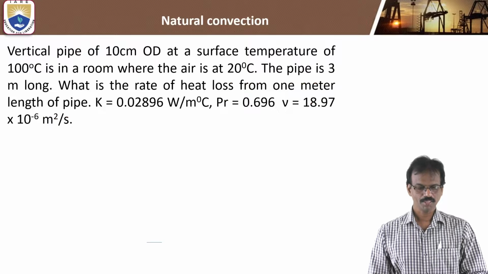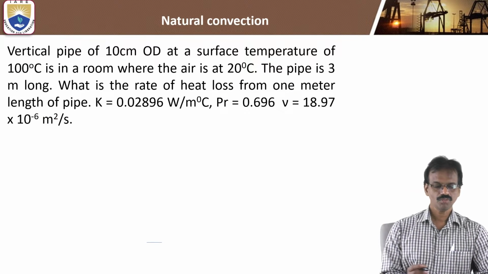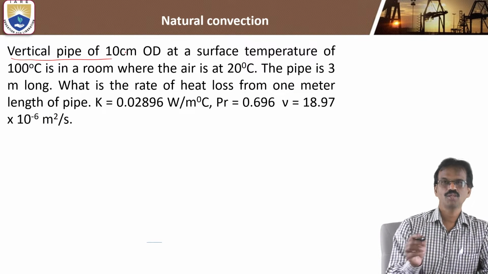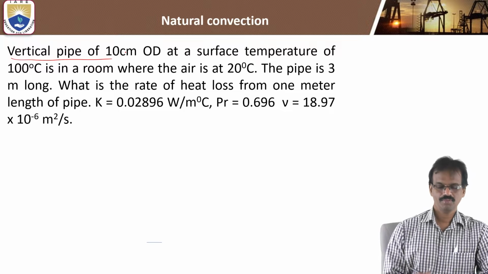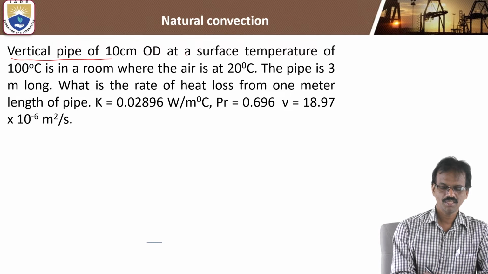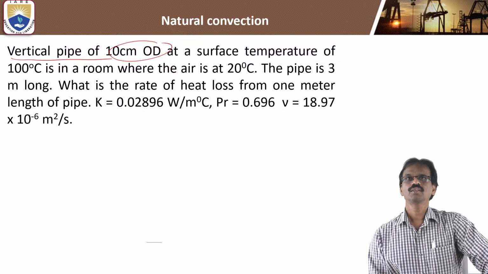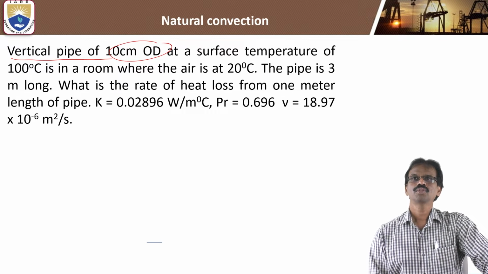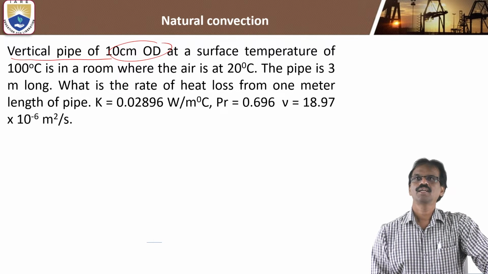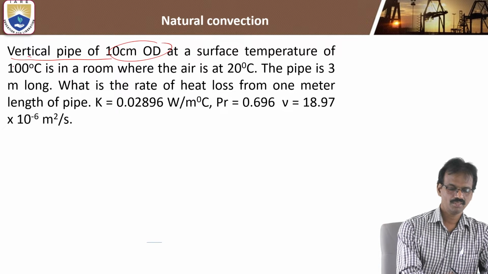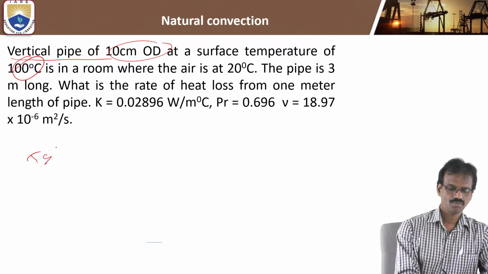Let's see one more numerical. Here the pipe is in vertical position, a vertical pipe of 10 centimeter OD. So the diameter of the pipe is given, vertical pipe, at a surface temperature of 100 degrees Celsius, so T solid is 100 degrees Celsius.